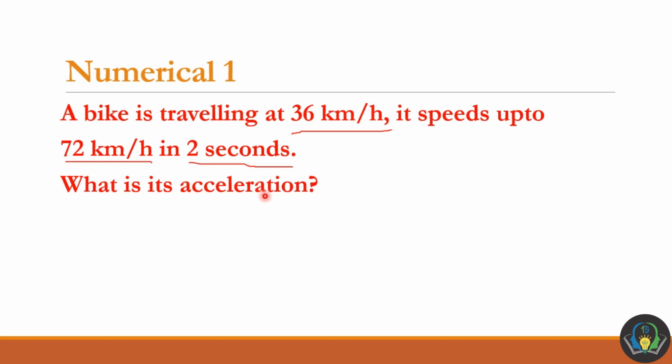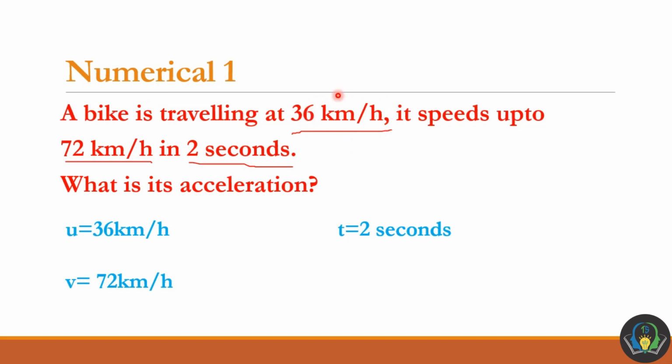Now always remember in physics that you need to first of all grasp the data, absorb the data, and then you can begin with it. So u equals 36 km per hour, v equals 72 km per hour, and time taken is 2 seconds. This is known as absorbing the data. The very next step, before you calculate anything, will be converting into the standard units. Students, have a look at this.